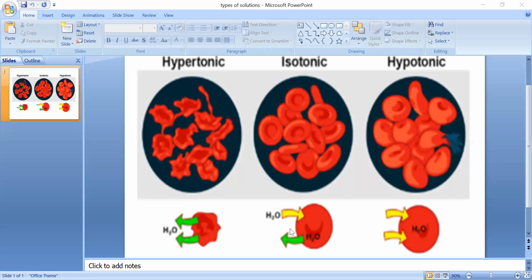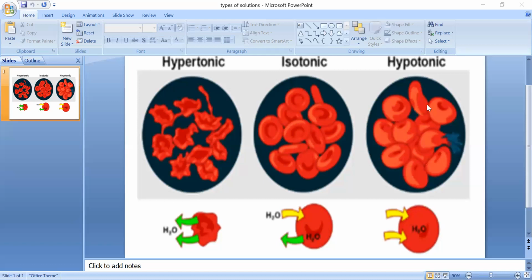Children, in this case, water crosses the cell membrane in both the directions. But the amount of water which is going in is the same as the amount which is coming out of the cell, due to which the cell remains the same size. There is no shrinkage or swelling of the cell, but it remains the same size. Such a solution is called isotonic solution.